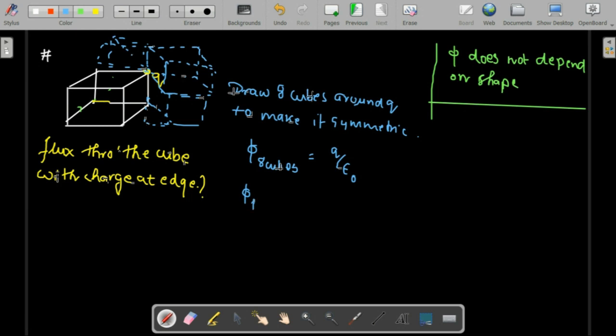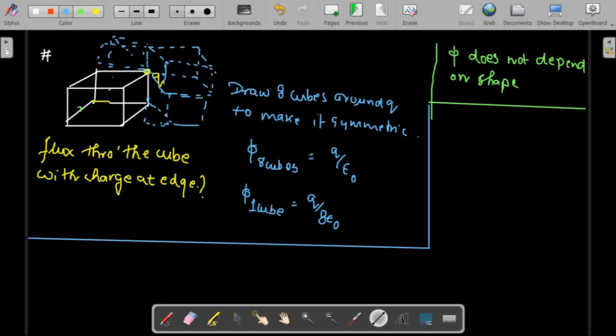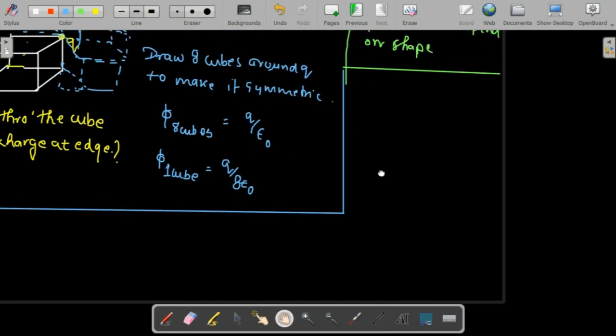So the flux coming out through one cube would be equal to Q divided by 8 epsilon naught. This particular problem tells me that it is all about being symmetric in nature. If it is symmetric, we can easily say what the nature will be. So we have to construct it in such a way that it becomes symmetric.